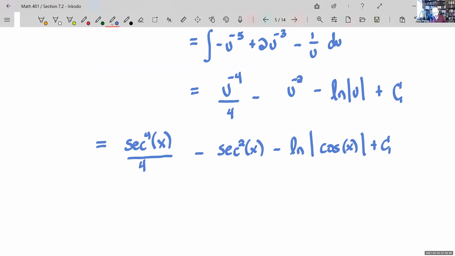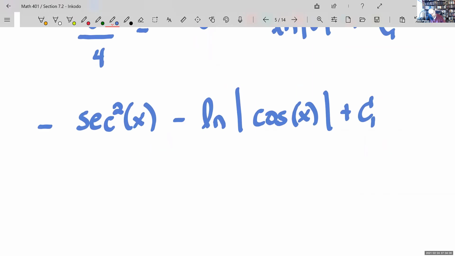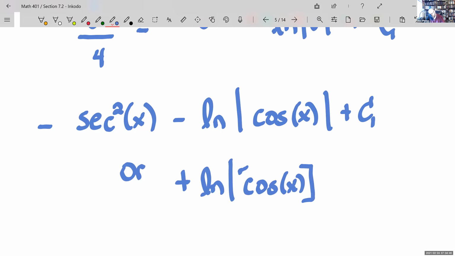Yeah, the natural log part. So another option for this, I'll just say or. This would be plus the natural log of the cosine of x, the absolute value of it, raised to the negative first, because you can pull that negative into the exponent.